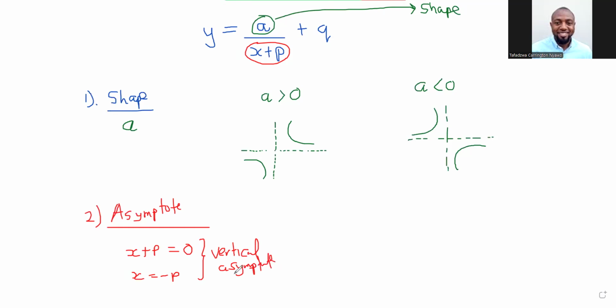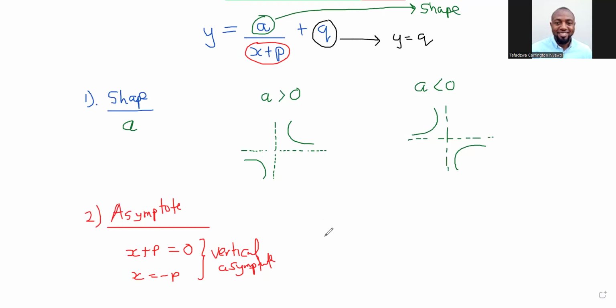All right. Then how do I get the horizontal asymptote? It's super easy. I look at q. So y is equal to q.